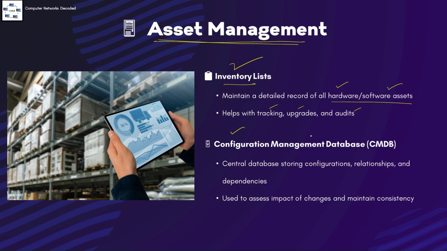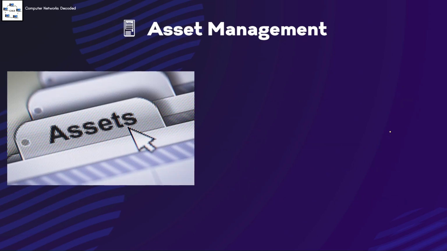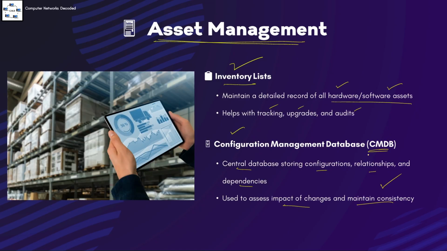Next is the configuration management database, that is CMDB. So what is CMDB? This is a central database that stores the configuration, relationships, and dependencies of different systems, software, and hardware. And this CMDB is used to assess the impact of changes, and it maintains consistency since this database is referred to for any configuration changes.